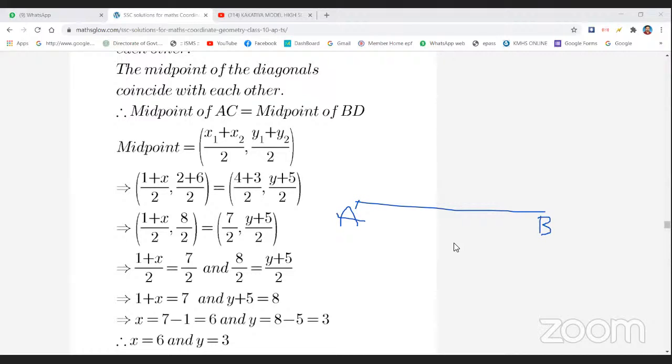In section form, the ratio m1 is to m2 will be 1 is to 1, because AC will be the same length as CB. Substituting in the section formula, we get (x1 plus x2) by 2, (y1 plus y2) by 2, because C will be the center of AB.